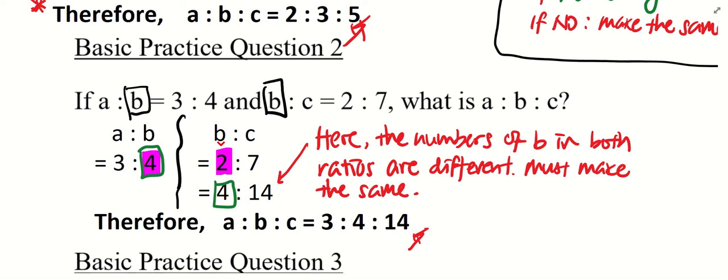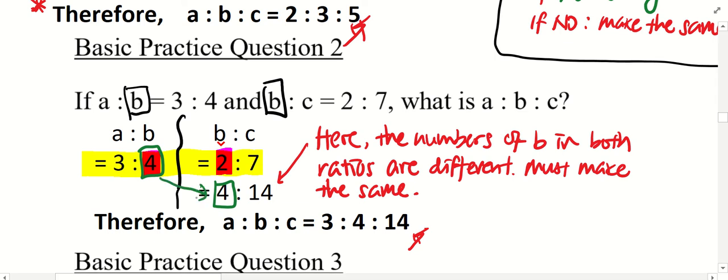Well, we should actually make the two B's be represented by the same number of units. So let's compare them side by side. We have 3 is to 4 and 2 is to 7. One thing I can do is, on the right hand side, express B in 4 units by multiplying both sides of the ratio by 2.